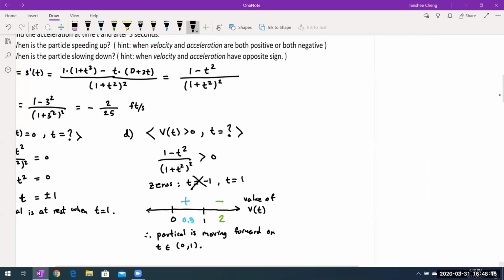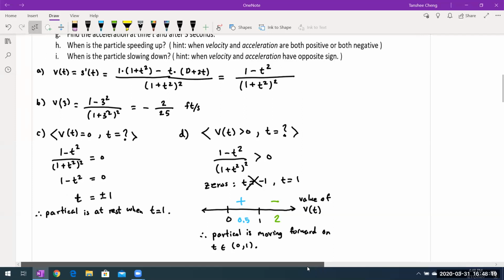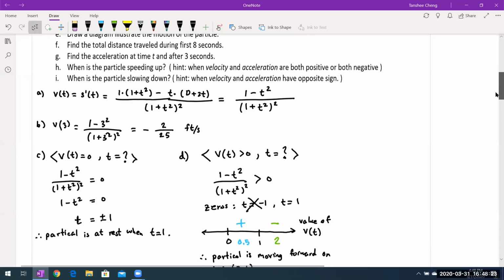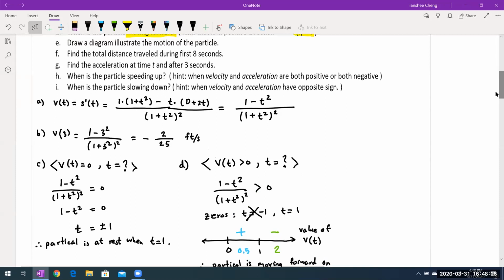So continuing, what is the next part of this question? Part E is asking you to draw a diagram to illustrate this particle. If I'm drawing the diagram, this is basically how it's going to look in one dimension.